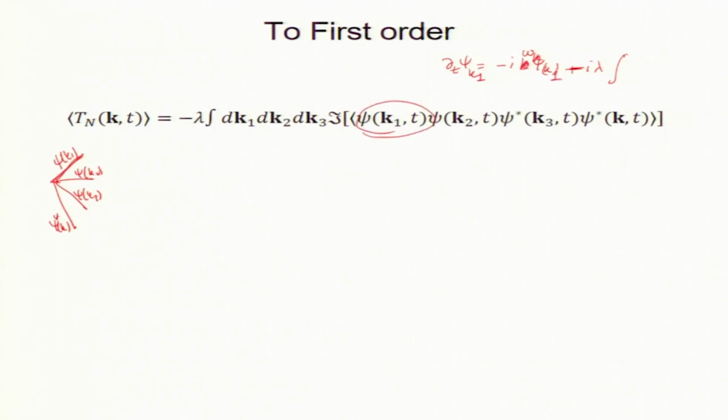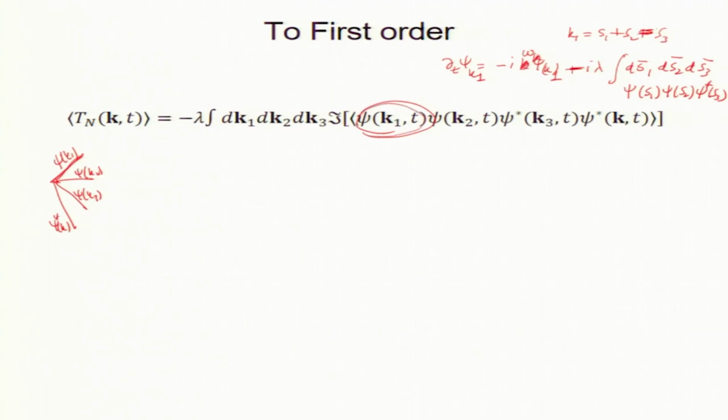So, this will be omega k1 psi k1, and here I will get ds1, ds2, ds3, 3 wave numbers, and I am going to write psi s1, psi s2, psi star s3, and what is the condition for wave numbers? k1 equal to s1 plus s2 plus s3 minus s3, correct. So, this is the condition for the wave numbers.